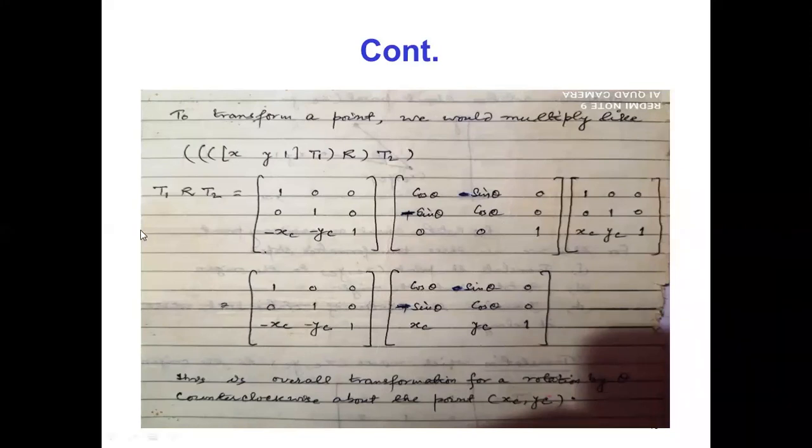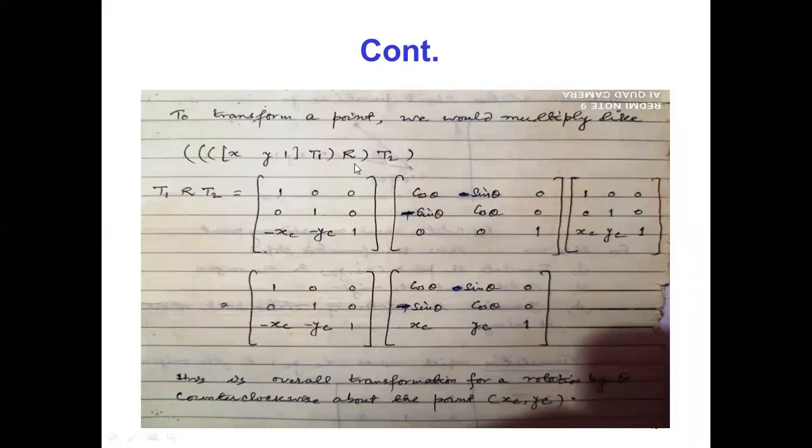Okay, so (x, y, 1) times T1 R T2. Here we write three matrices. The first is the first translation matrix: 1 0 minus xc, 0 1 minus yc, 0 0 1.